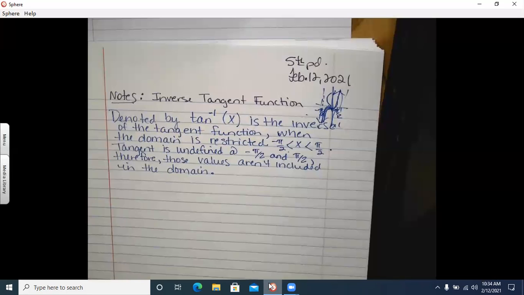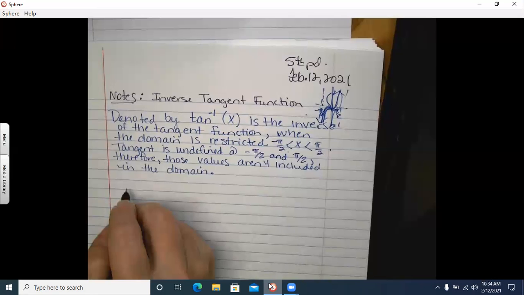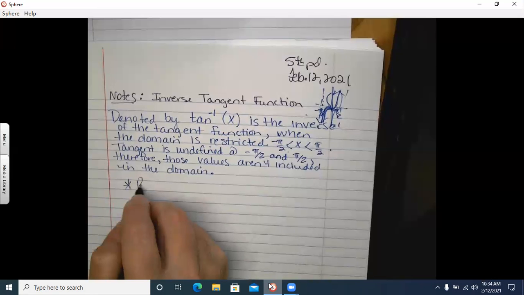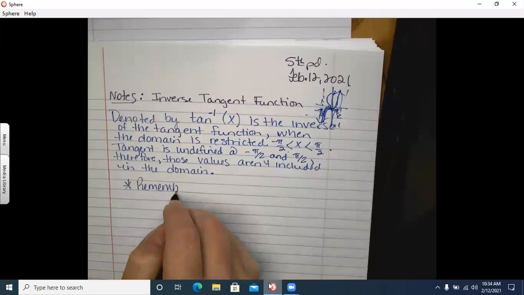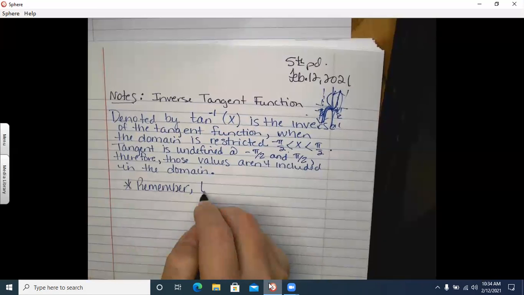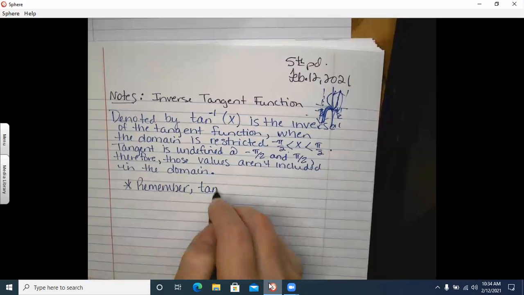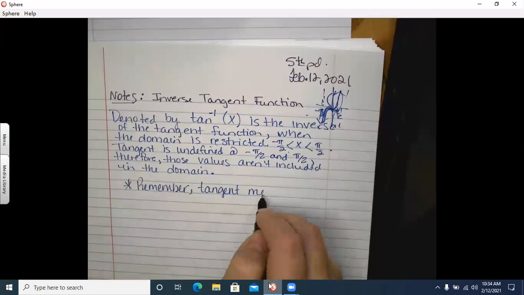All right, y'all ready? So also remember, tangent means y divided by x.